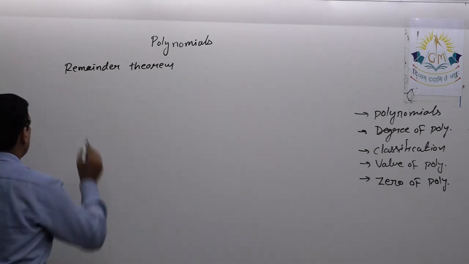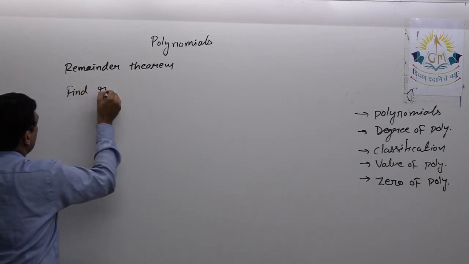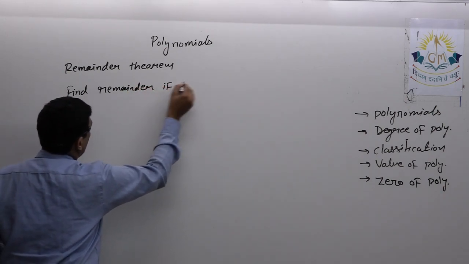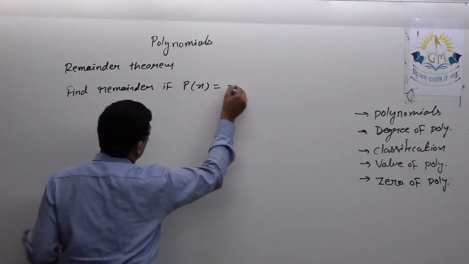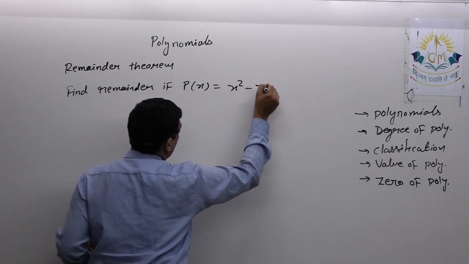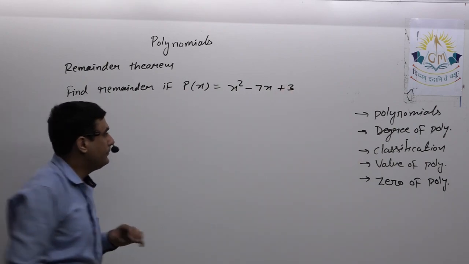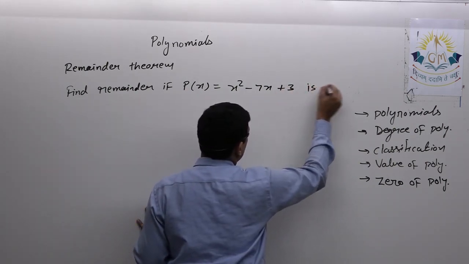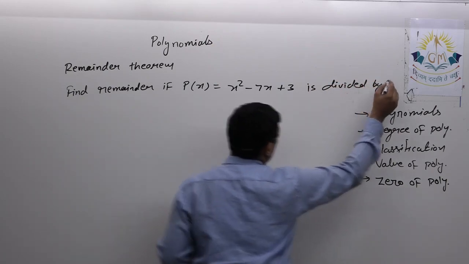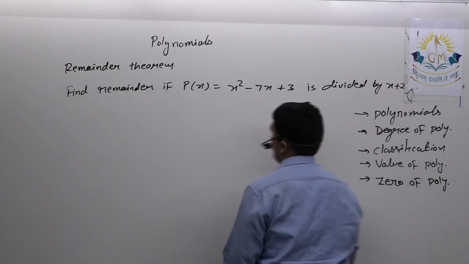The question is: find the remainder if p(x) equal to x square minus 7x plus 3 is divided by x plus 2.